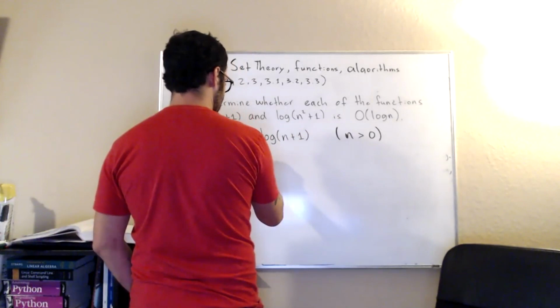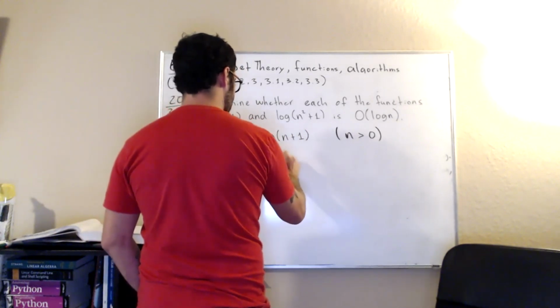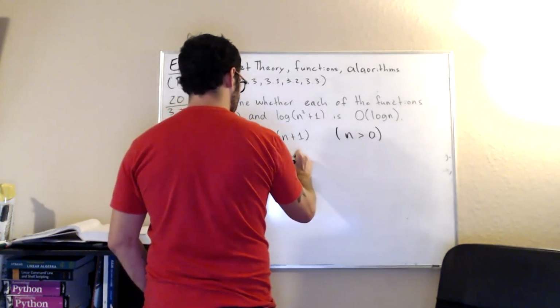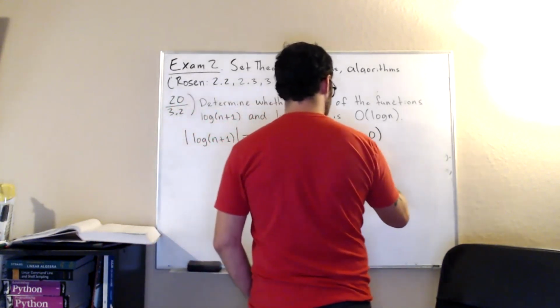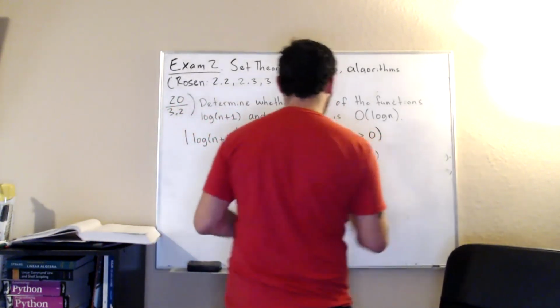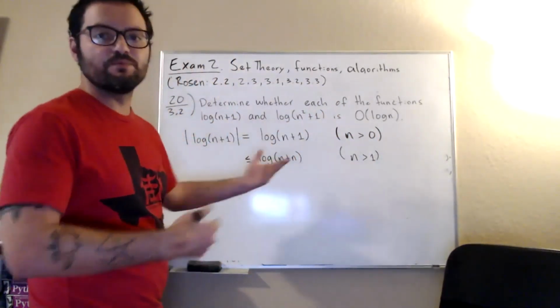So this is less than or equal to log of n plus n when n is greater than 1. I just replace that 1 by the n, and this is an increasing function, so it just gets bigger.